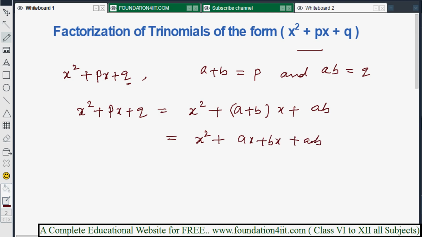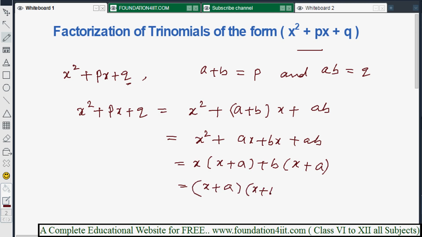Take x common from the first two terms, x plus a, and b common from the next two terms, also x plus a. Same as the previous factorizing methods, x plus a is common overall, then x plus b. So we get x plus a times x plus b. The most important thing is how to find the two numbers.